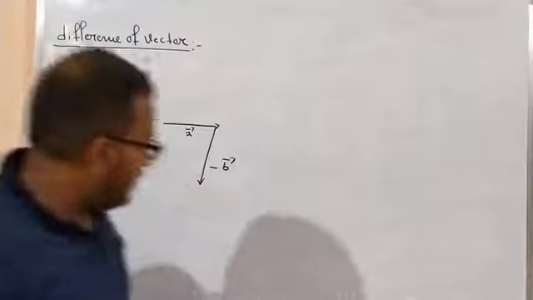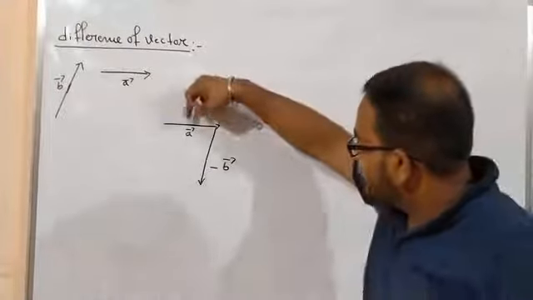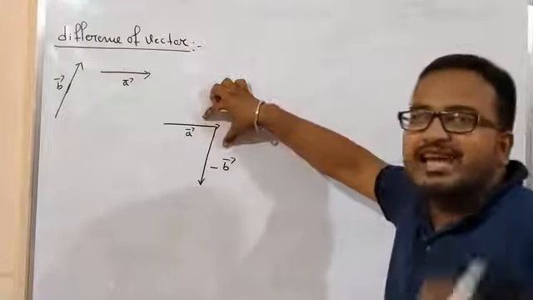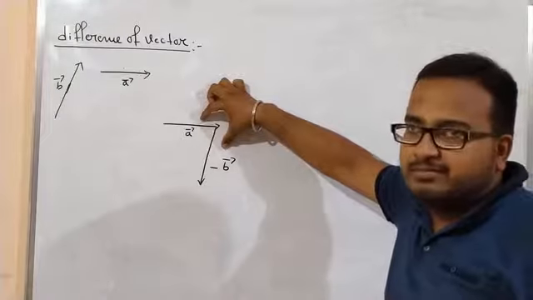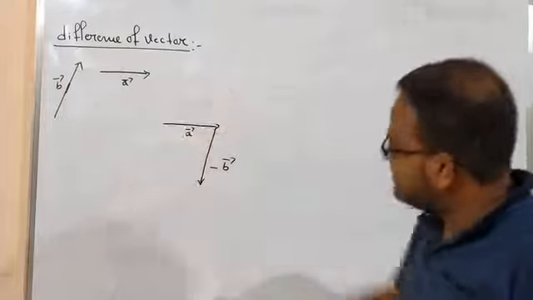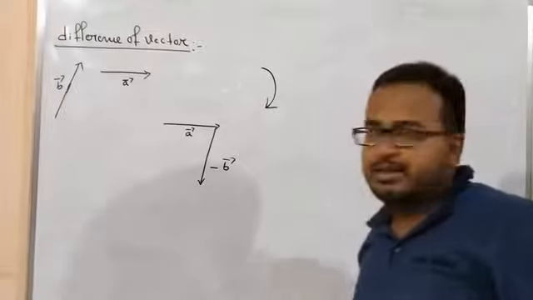Again, in this case, this is one side, this is another side. These two are nothing but the adjacent sides of a triangle taken in the same order. Now this is the order.